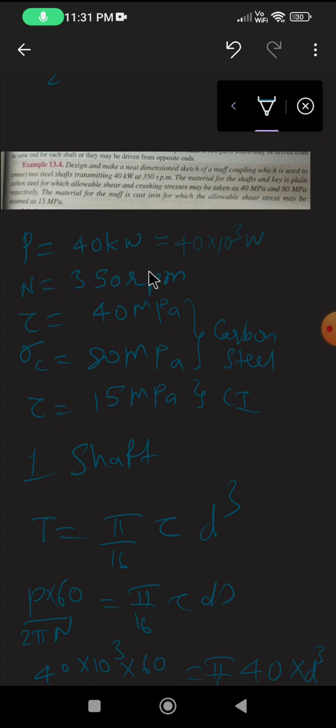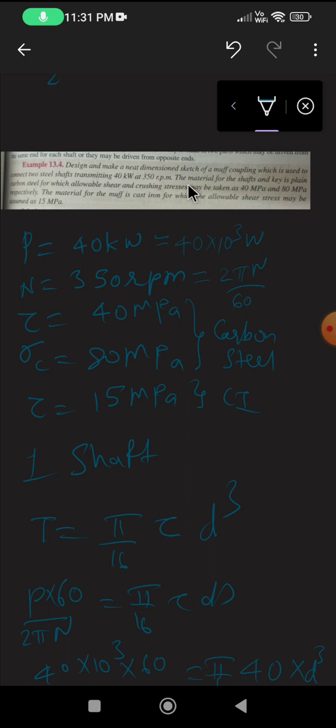N is given in rotations per minute, so we can convert this to radian per second also, as 2 pi N by 60. So we'll get this in radian per second.